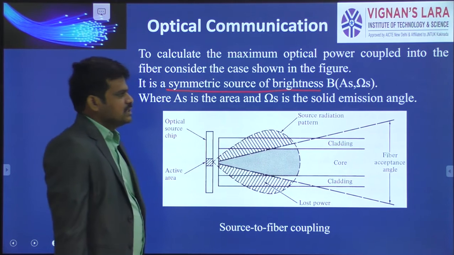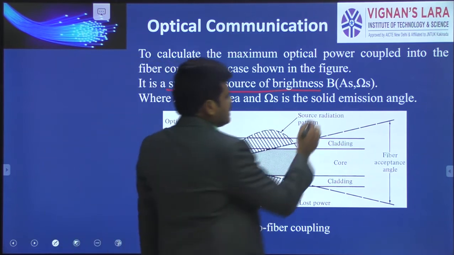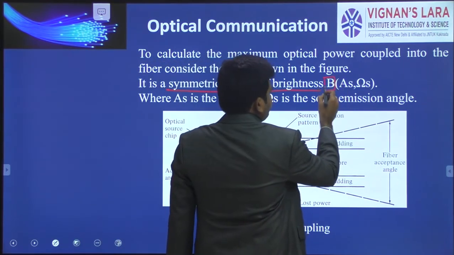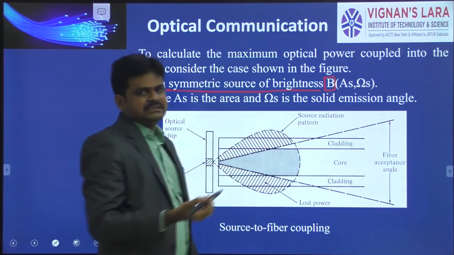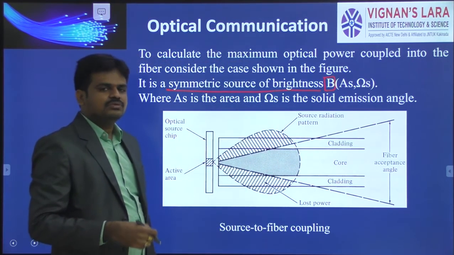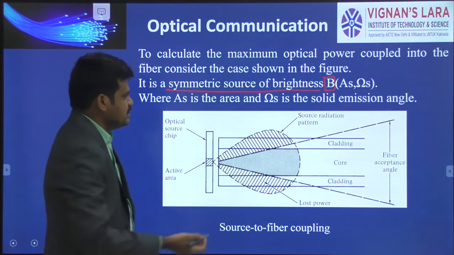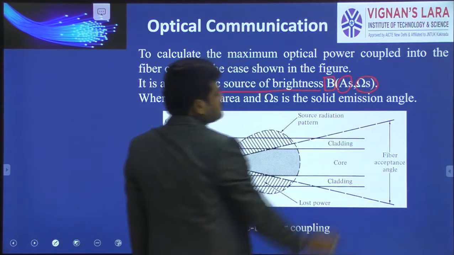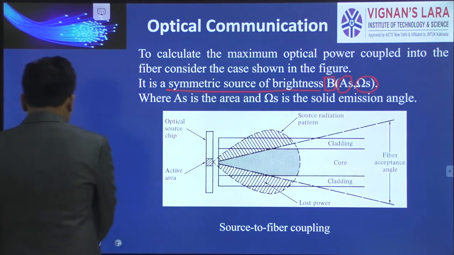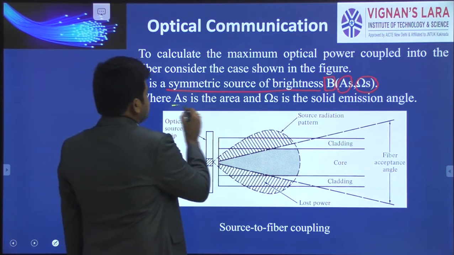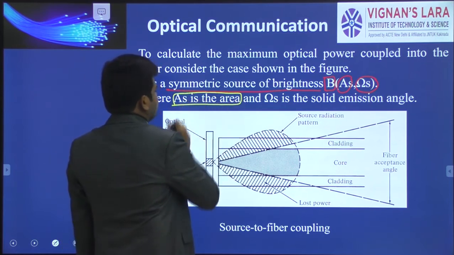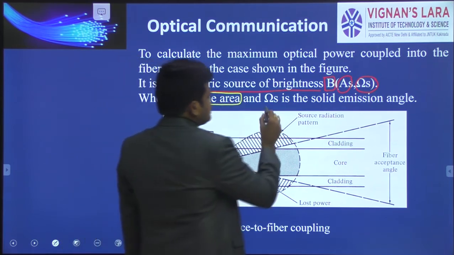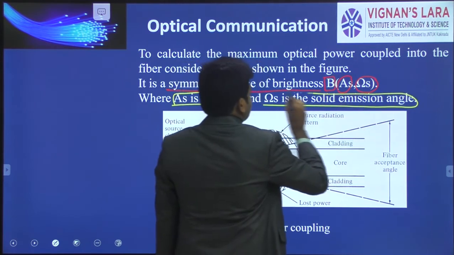Say for example that brightness is represented by B, which is expressed in terms of two other parameters. One is A, another one is sigma. What is meant by A? A means area. Sigma means solid emission angle.